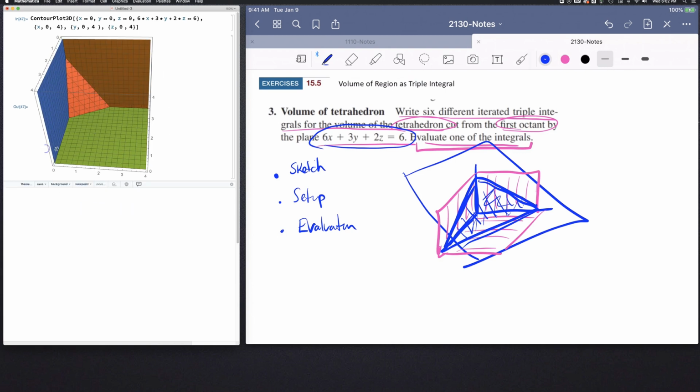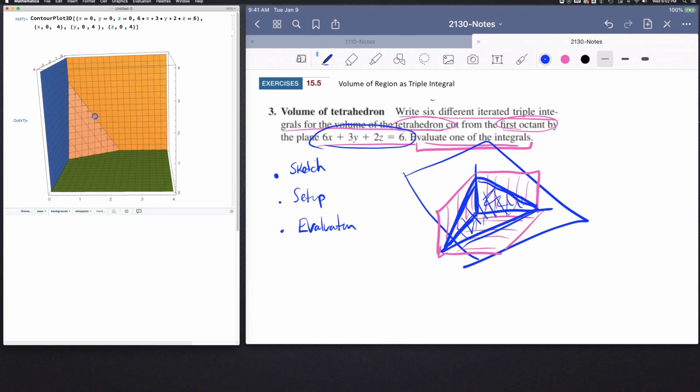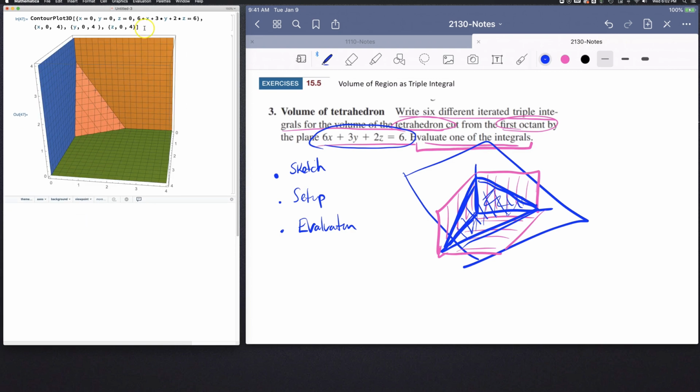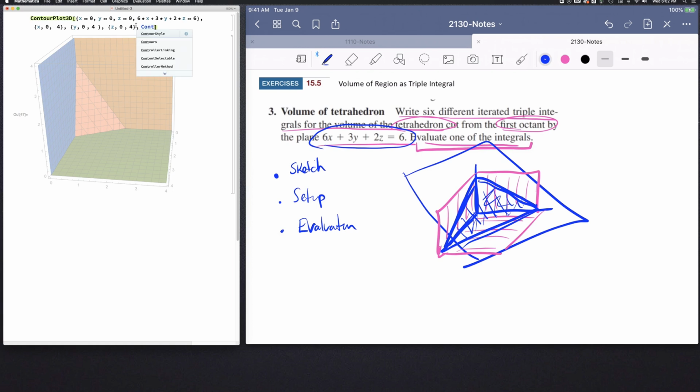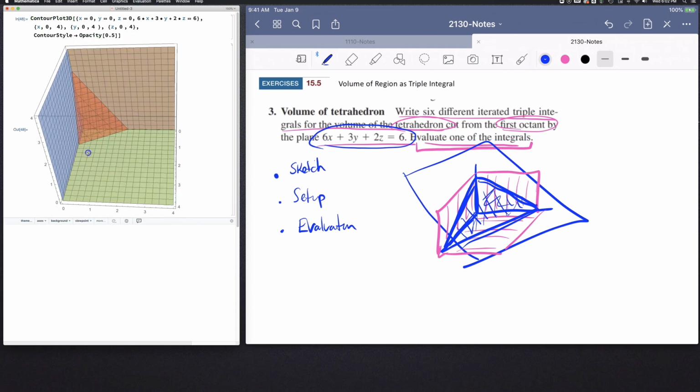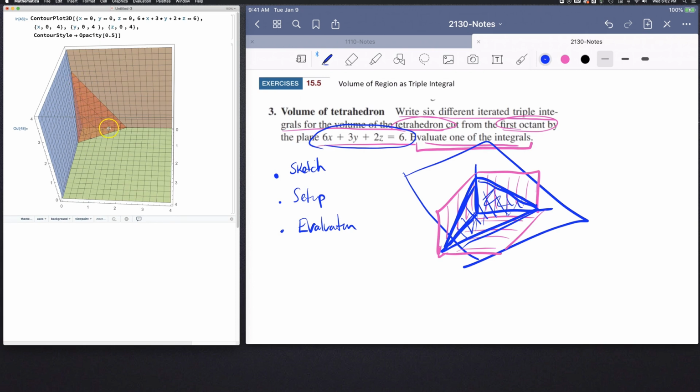So there are the 3 coordinate planes and the other plane, and we can't really see the volume because these plots are not opaque. So let's do contour style and make these see-through. And we can see this region that we're looking for the volume of. We're looking for the volume of this tetrahedron.